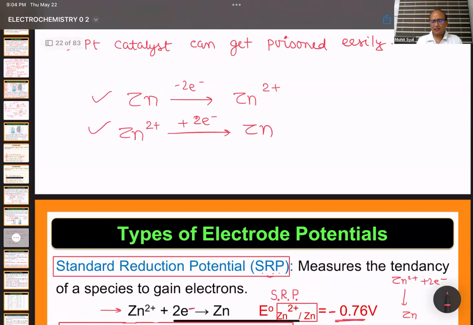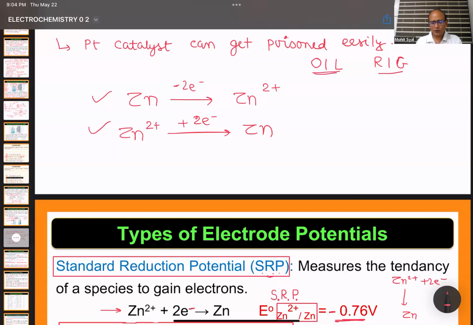What is happening in this possibility? Oxidation or reduction? You can remember, if you forget, OIL RIG. You all know what OIL RIG is.